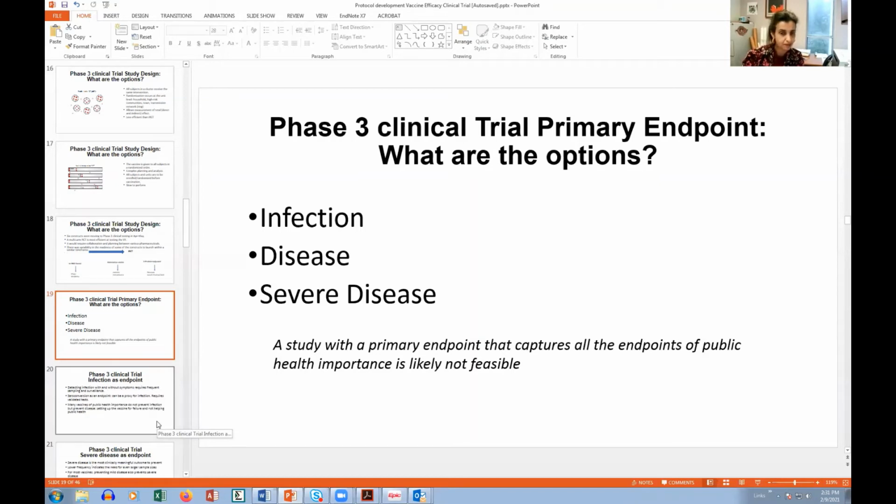And anything that I mention here can potentially be extrapolated to other diseases. For example, Zika. The outcome we're trying to prevent is fetal malformation and neurodevelopmental delays in the baby, or neurodevelopmental disease in the baby.